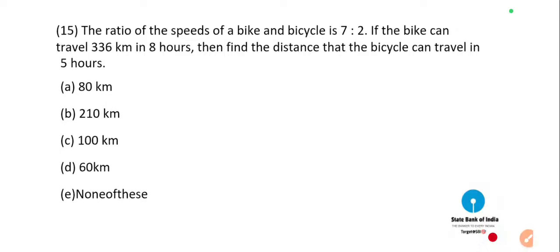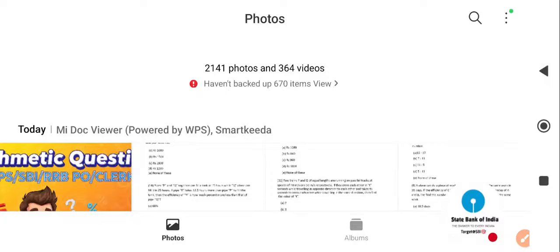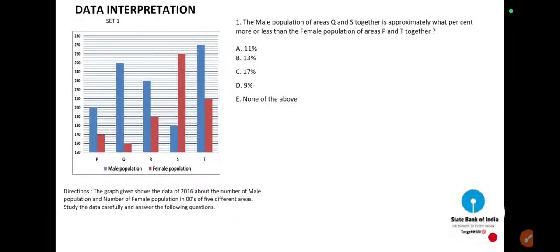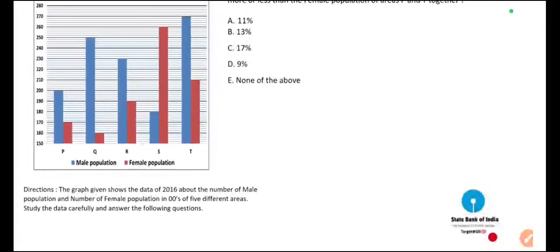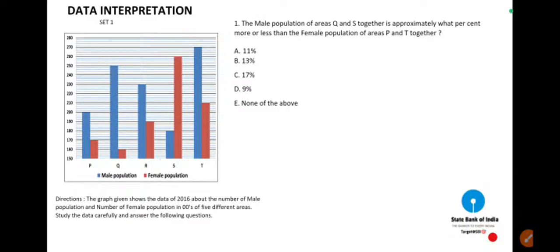Would you like to see a data interpretation question? I have a data interpretation question set. Let's see that one. Here is the question. I think it is not very visible due to the format, because the questions are designed for mobile.